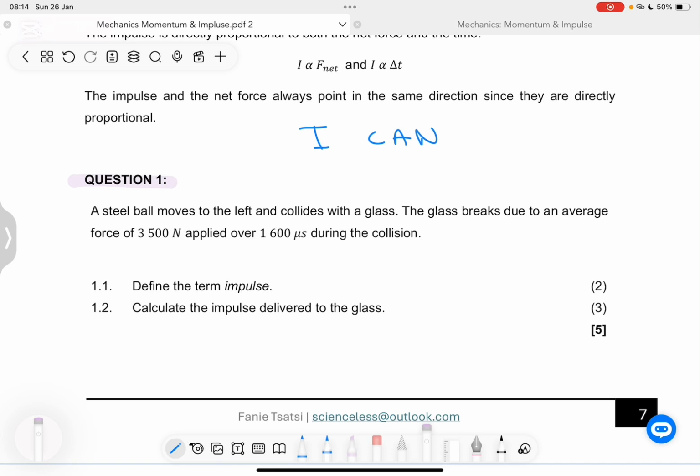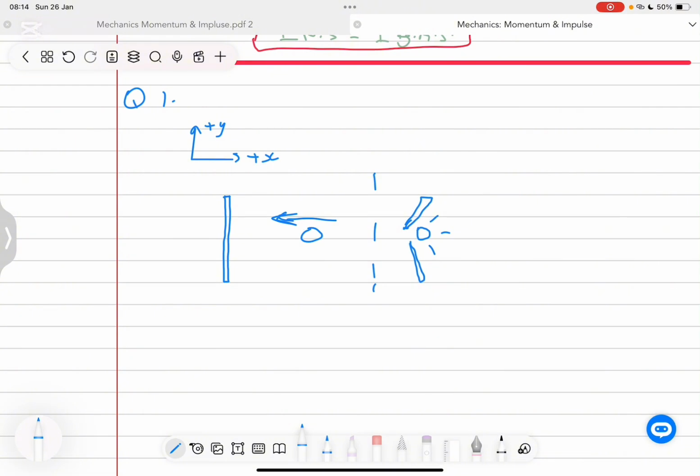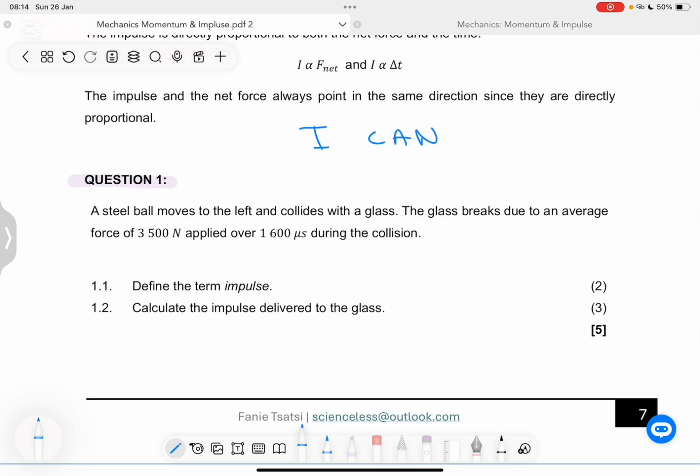Now they say the glass breaks off due to an average force. So obviously this would mean that when the ball collides with the glass, it will exert a force that goes in this direction. And this force, they say it's an average force.